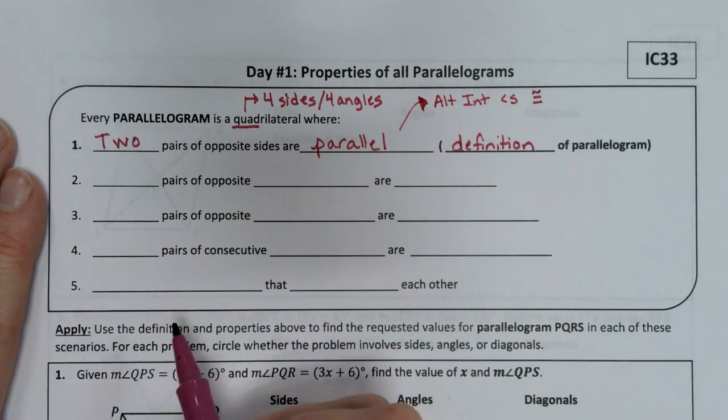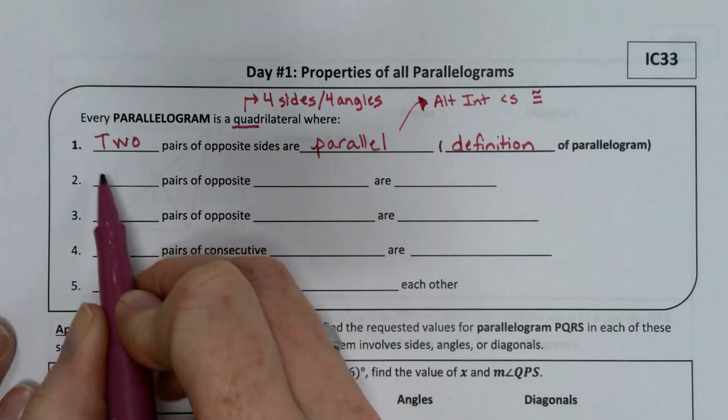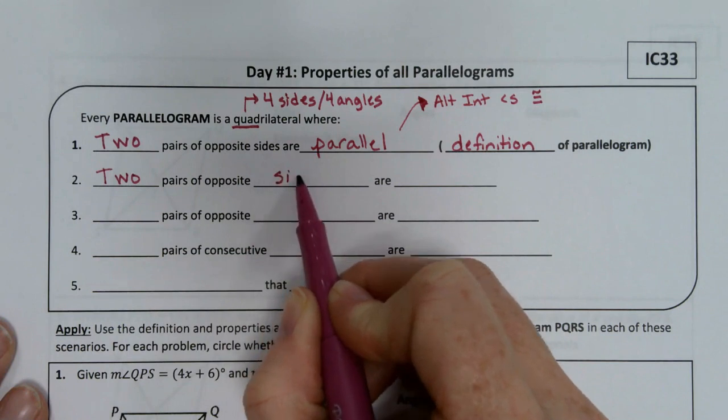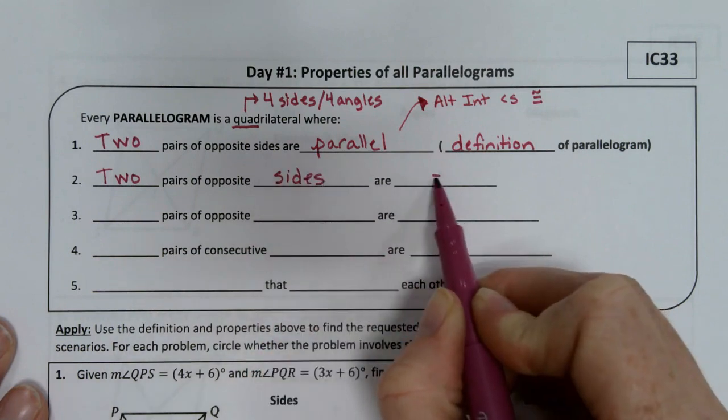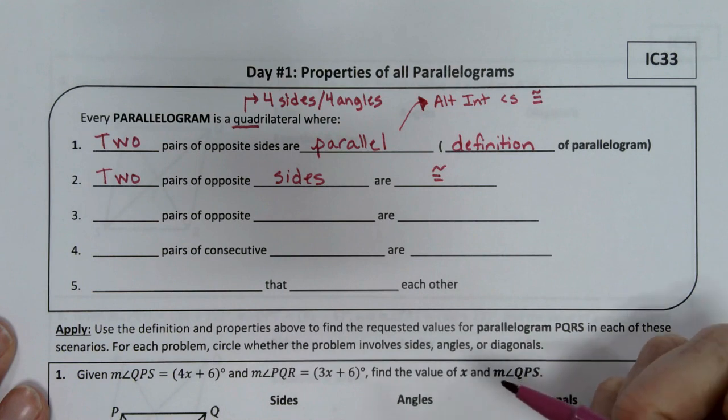What else is going to be true about parallelograms? Well, if both pairs of opposite sides are parallel, what also happens is that both pairs of opposite sides end up being congruent. That ends up happening thanks to congruent triangles and CPCTC.